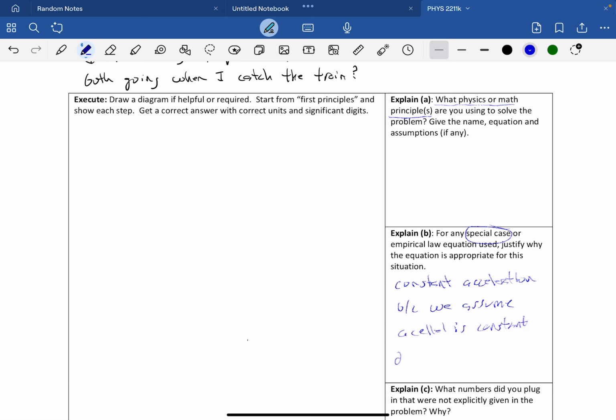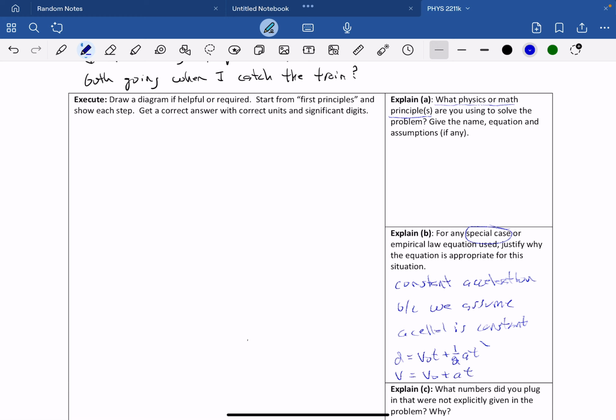And this is going to let me use the equation that d is equal to v0t plus 1/2 at squared, and that v is equal to v0 plus at, among other equations. There are actually 4 constant acceleration equations, but those are the 2 that we're probably going to need.